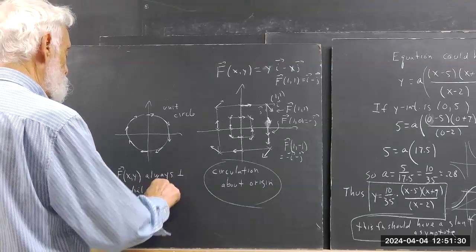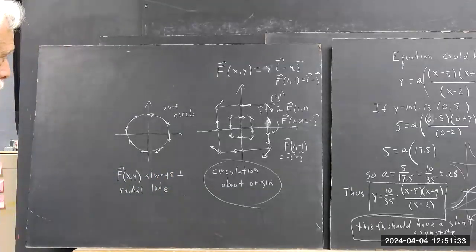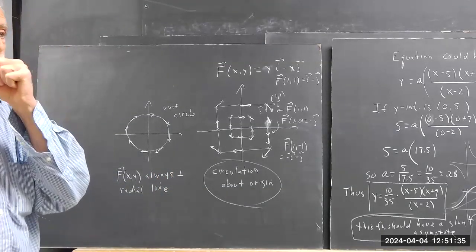The easiest way to prove that, I think, is to prove this is always perpendicular to a radial line.